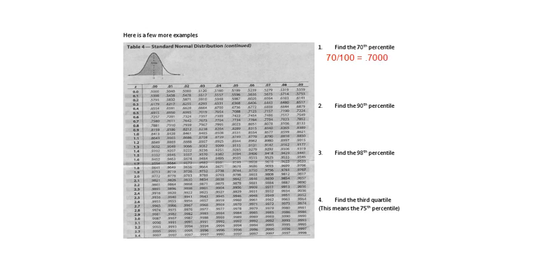You're not going to find 7000, but the closest that you will find is 0.6985. Let's see if we can find that. So 0.6985 is right over here. And that corresponds to a z-score of 0.52.